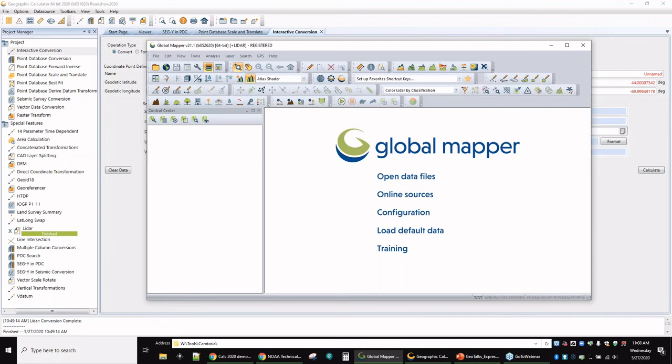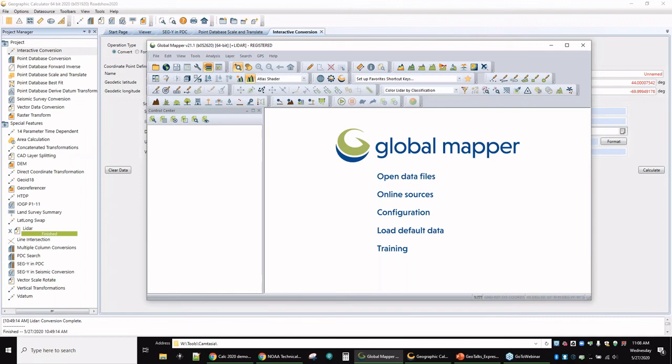So on the fly in the application, it will perform some of those things like projections. As you know, if you have disparate horizontal projections that you're overlaying, it will do that on the way in. But it doesn't actually convert the base data itself until you go and do an export operation on that.